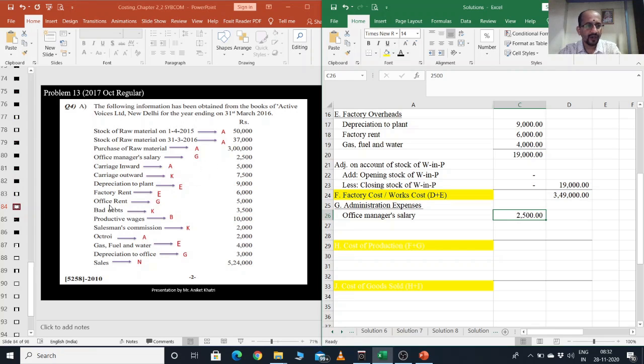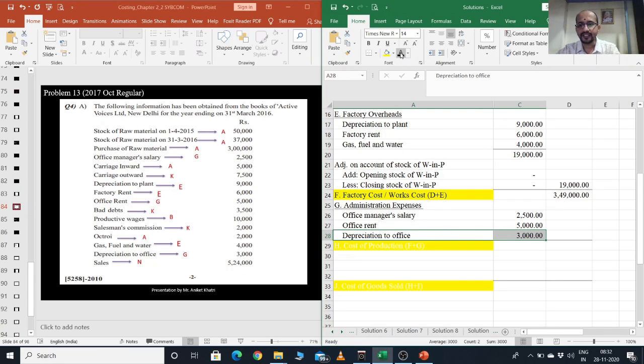Next is office rent, 5,000. Next, second last, is depreciation on office, 3,000. Now again do the total of these three items and put it in the outer column.